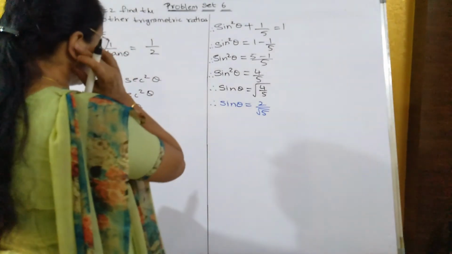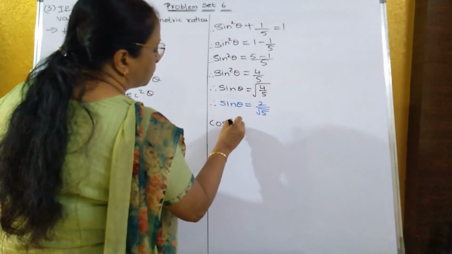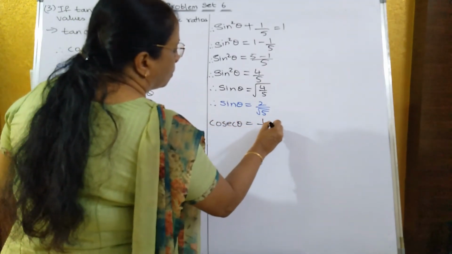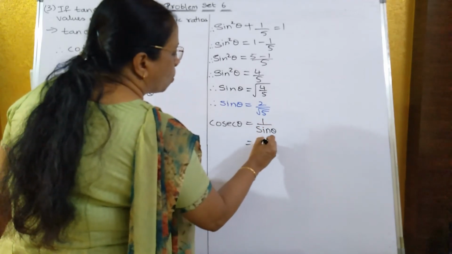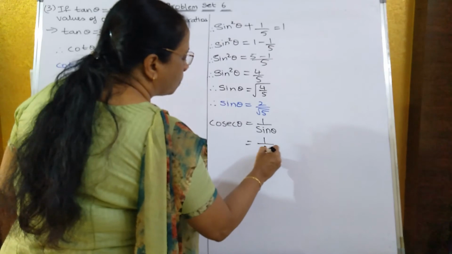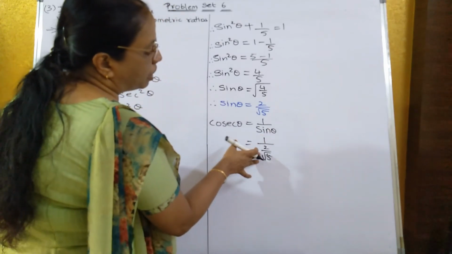Now cosec theta is equal to what? 1 upon sin theta. So that is equal to 1 upon 2 upon root 5. Now take this on the numerator; you have to take the reciprocal.